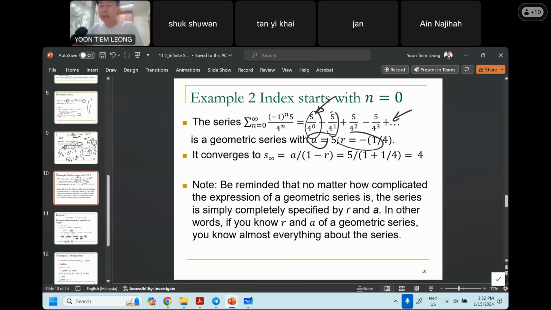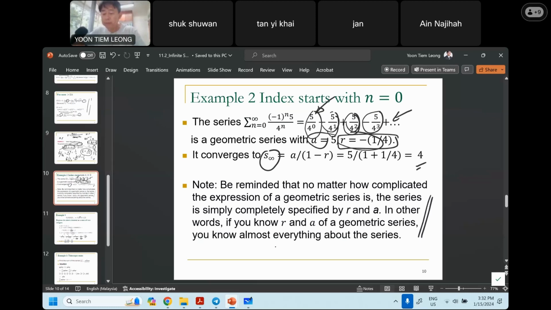So here a is 5, and the ratio r is just the ratio between any two adjacent terms. You can take this divided by this, or this divided by this. Anyway, you will be able to obtain the ratio, which is just minus 1/4. By doing that, you would be able to calculate the sum of the infinite geometric series, which will be equal to 4.